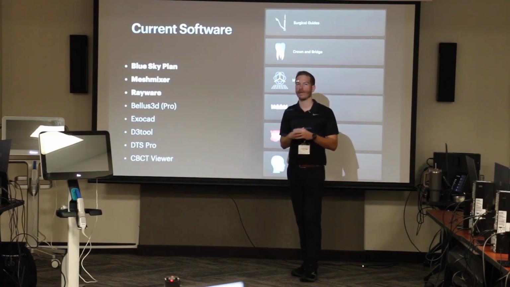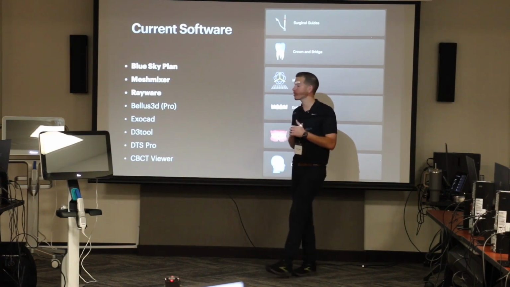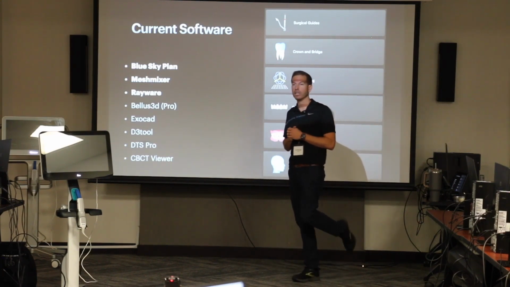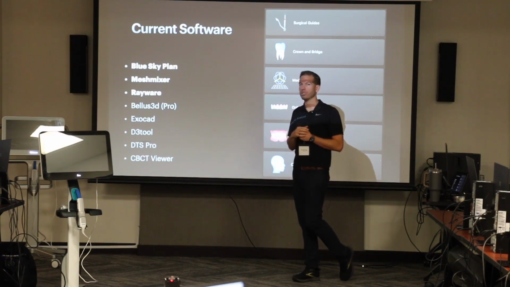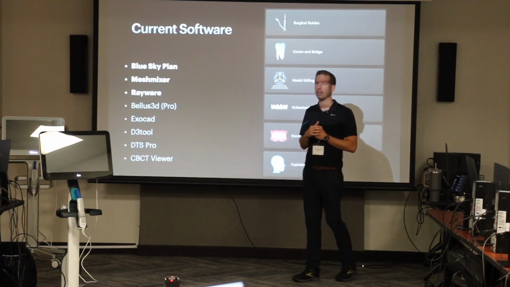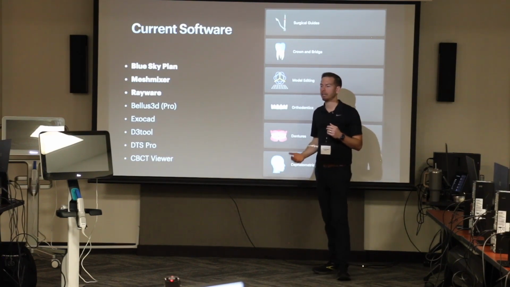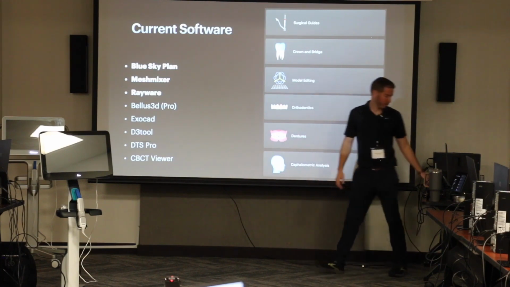It's kind of like the Windows Paint tool, where you can go and just make some edits to your 3-dimensional file. Mesh Mixer is kind of the go-to for us and for a lot of guys in the digital world. So it's a little bit more complex, but once you start understanding the basics, it allows you to do some really, really cool things to your files and add improvements to that.